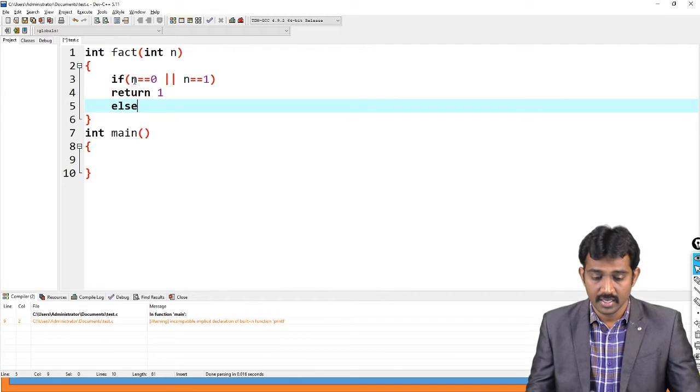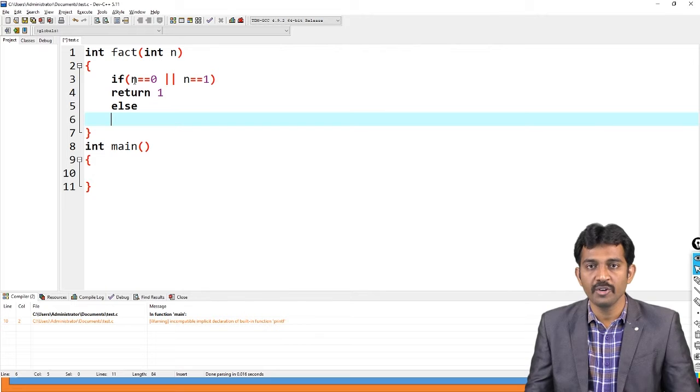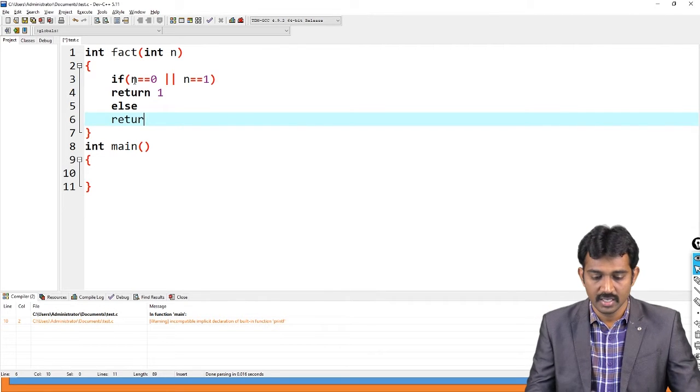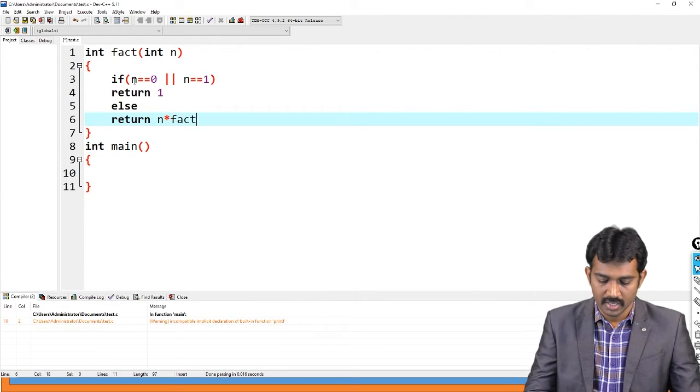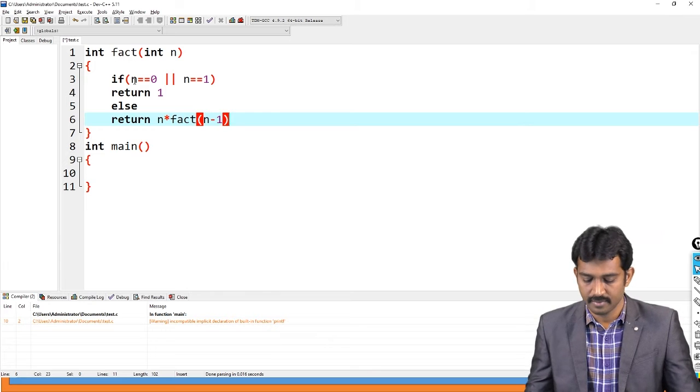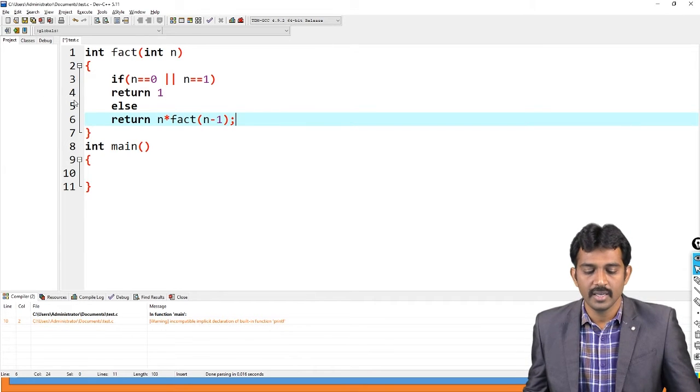Else, what do you need to do here? Return n into fact of n minus 1. Is this clear?